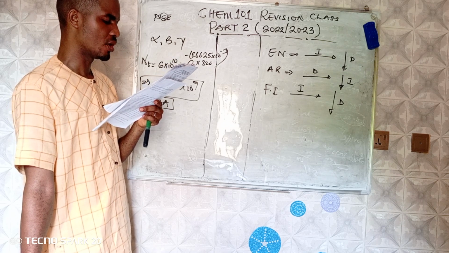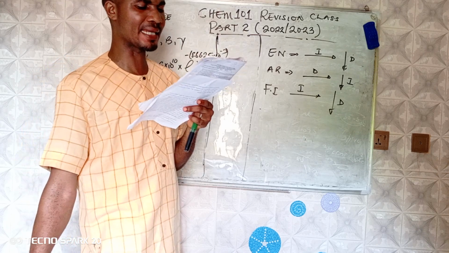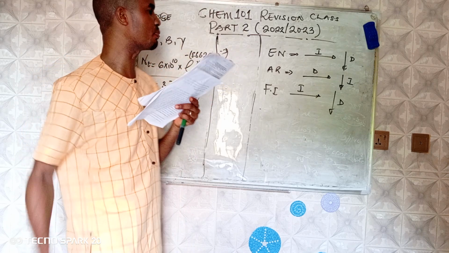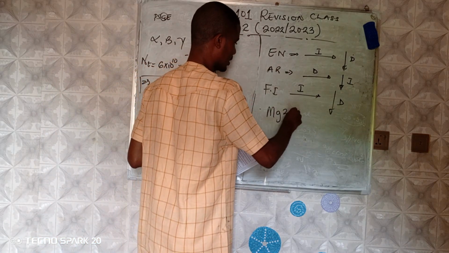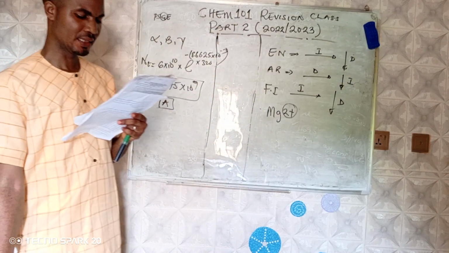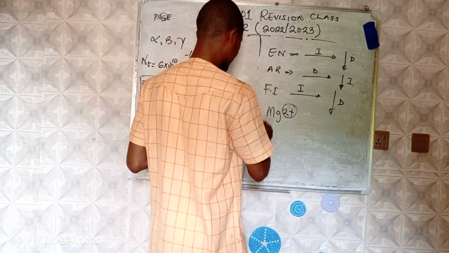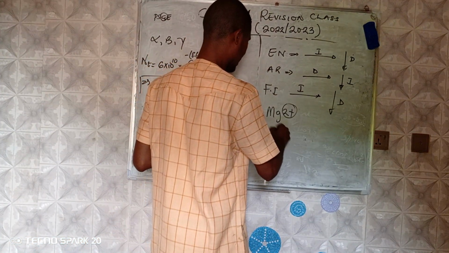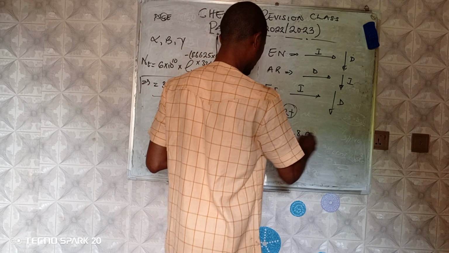That's option C. 38. Which of the following correctly represents the electronic configuration of magnesium 2 plus? This 2 plus means it's going to lose 2 electrons. Magnesium on its own has electronic configuration 2, 8, 2.